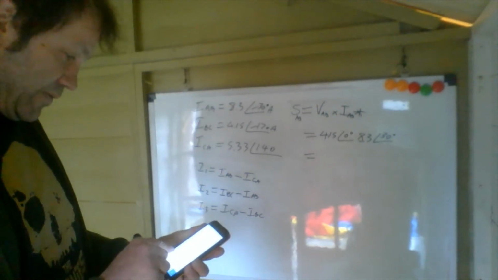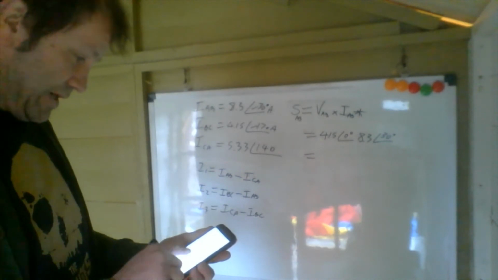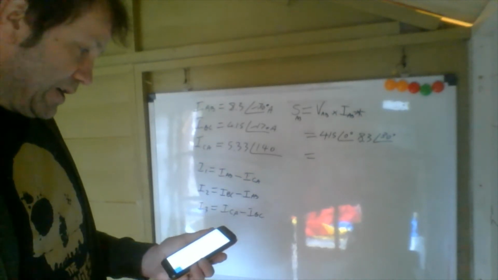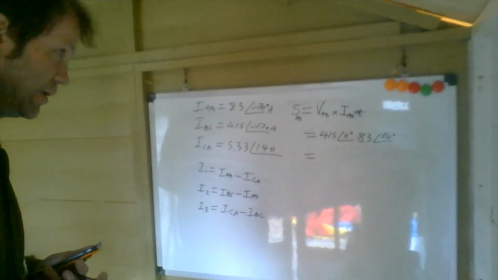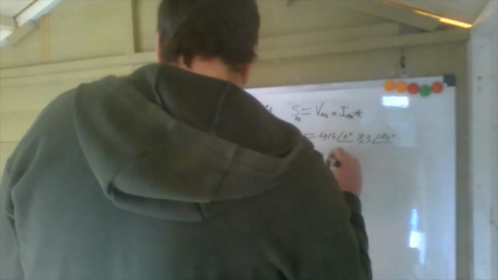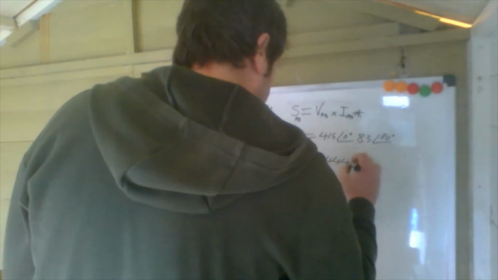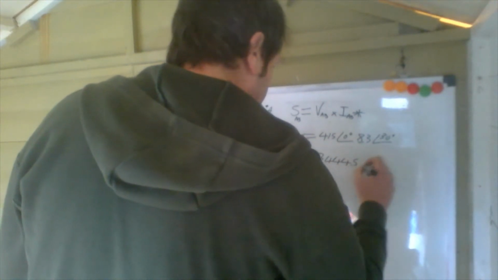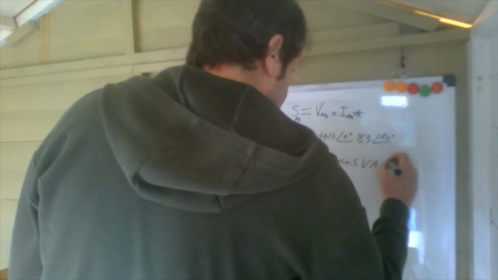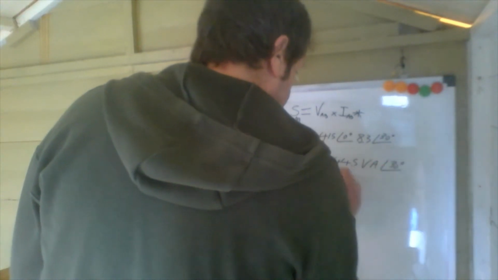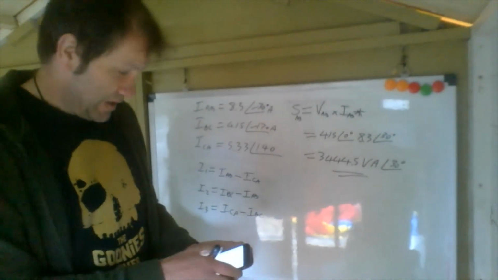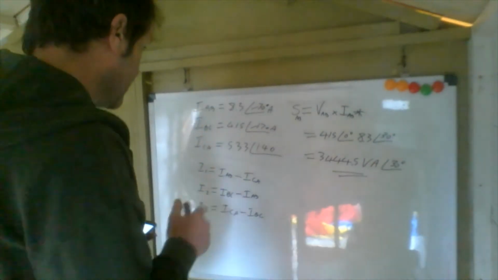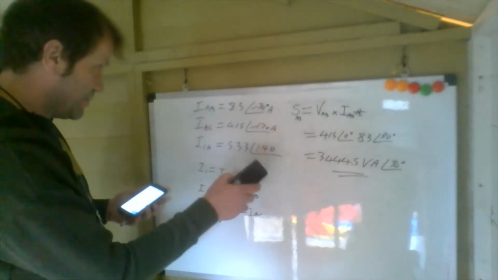415 times 8.3 is 3,444.5 volt amps at 30 degrees. Good stuff, that's the first one.